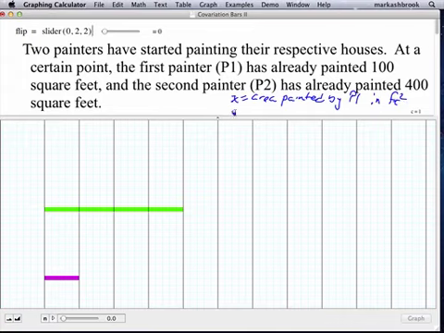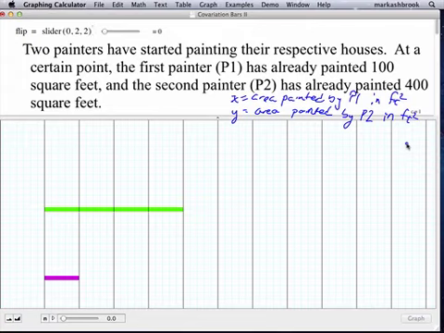And y will be the area painted by painter 2. I think my handwriting is digressing here. I thought it would get better on this thing. Okay, can you read it? Area painted by P1 in square feet, area painted by P2 in square feet. So we're showing which is x or y down here. x is the purple, y is the green.